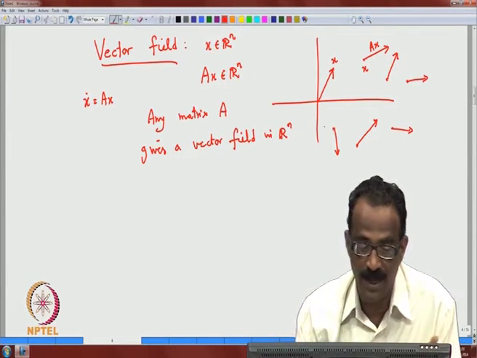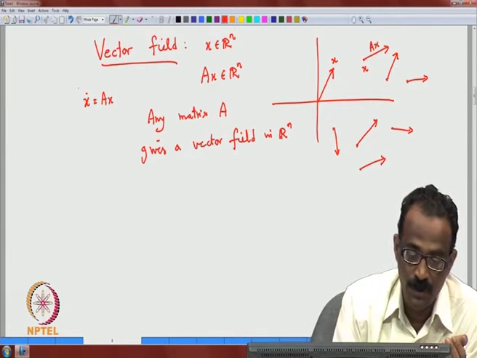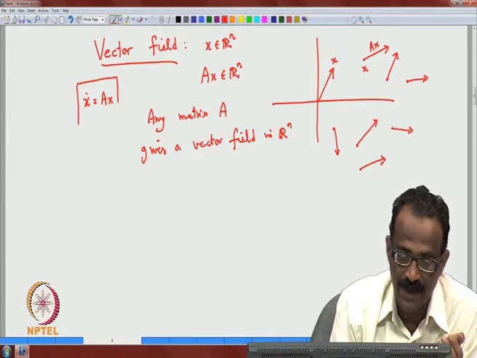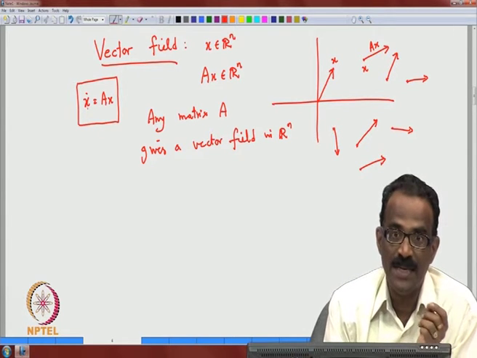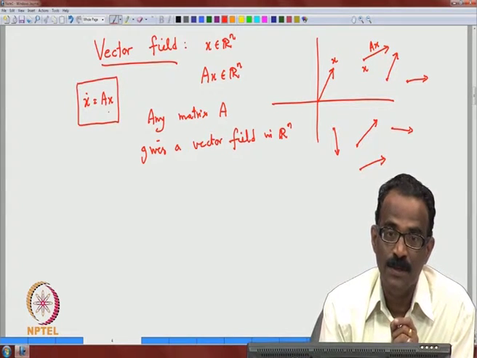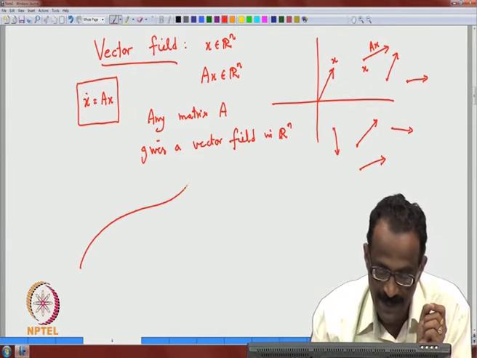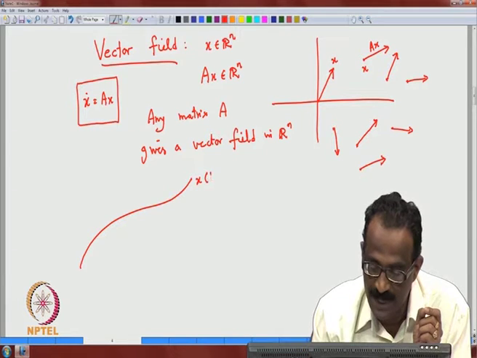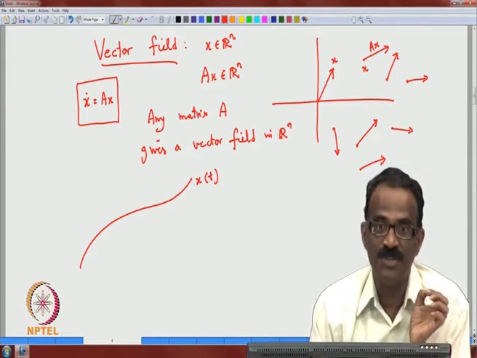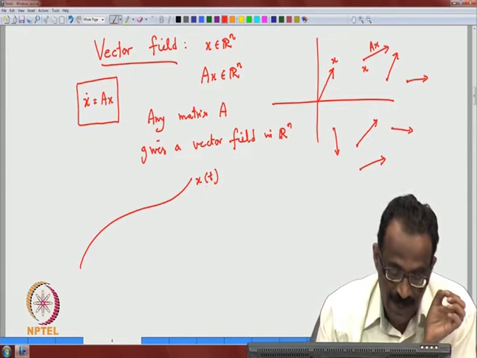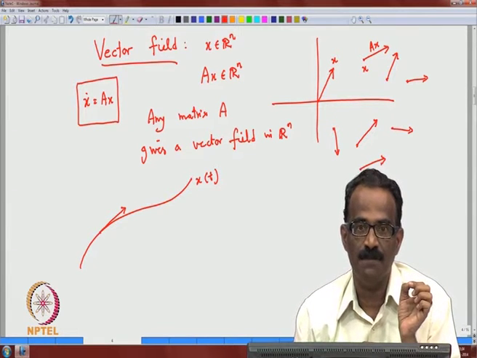So, we want to know for a given dynamical system, if you look at it clearly, what are we trying to associate? We are trying to associate x dot equal to Ax. So, when you are looking for a solution x(t) to this dynamical system x dot equal to Ax, you are looking for a trajectory so that x dot is nothing but your tangential vector field.